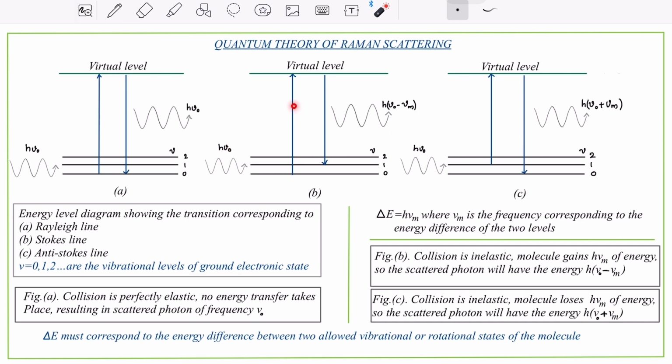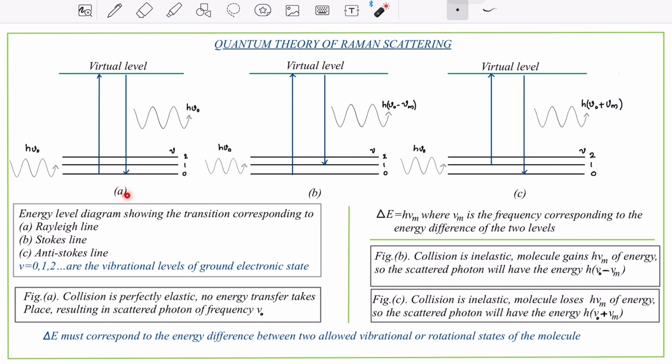Again, it undergoes a transition from ground level to virtual level. Whereas in figure C, the molecule is already in an excited state, it absorbs an amount of energy h nu 0 and undergoes a transition from the excited level to the virtual level. So there are three cases.